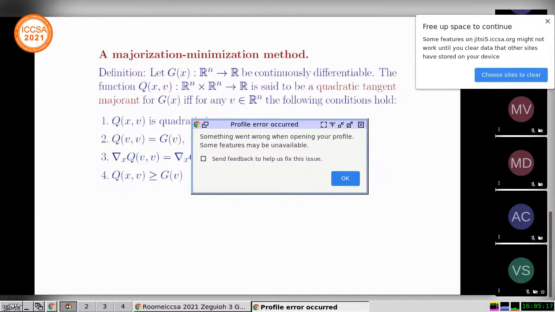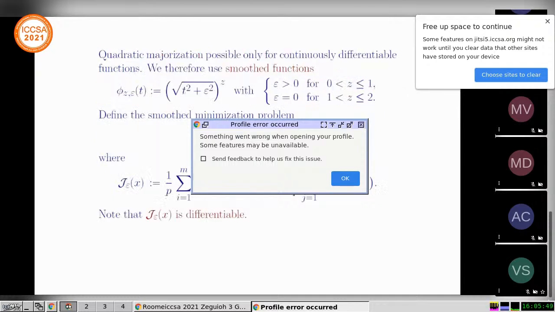So how do we solve these problems? Well, we use a majorization minimization method. That is, we approximate the functional J by a quadratic tangent majorant. At our present approximate solution, which we call V, we determine a quadratic function which approximates J. This function interpolates J at V, the current solution, and it also interpolates the gradient.